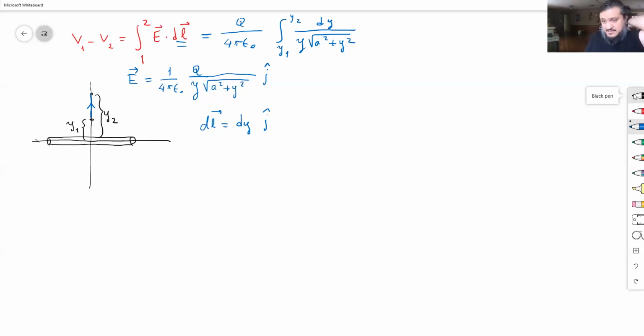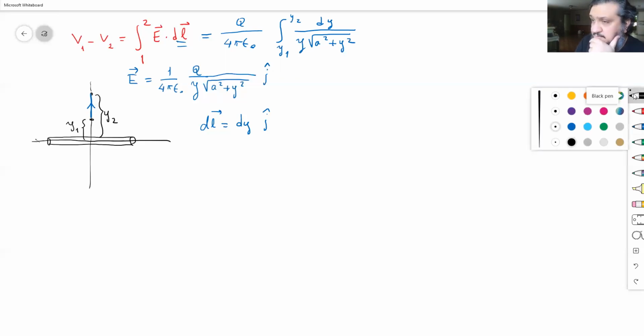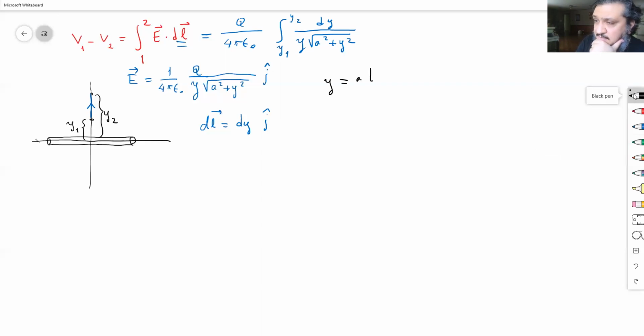So we got another trigonometric substitution, right? Because of the square root there. So let's do that. Instead of y, let's use a tangent u.